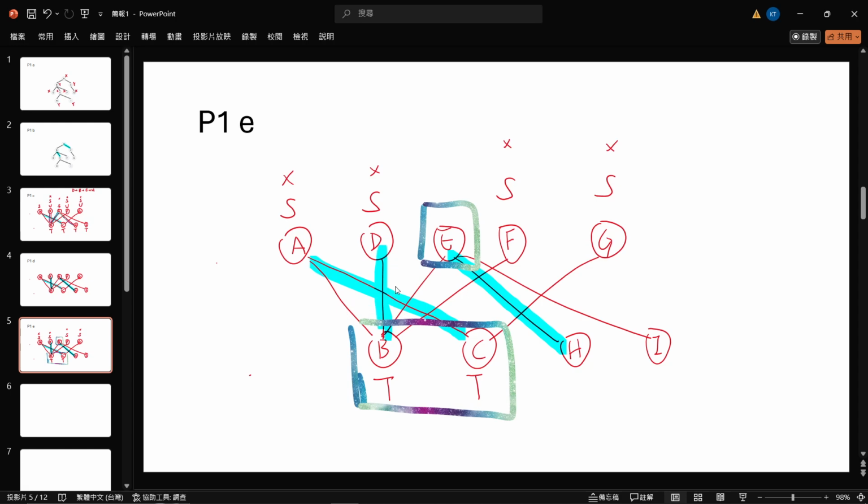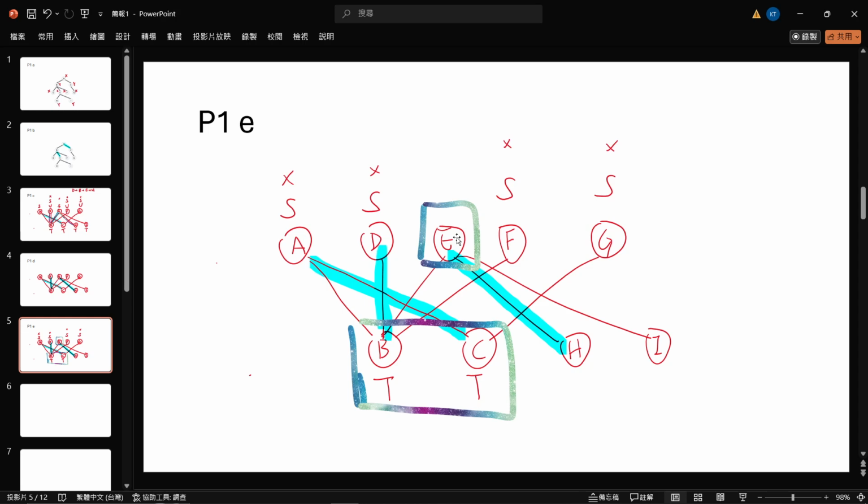Basically all the edges incident to B and C are covered. The remaining edges, the edges that cannot be covered by T, are these two: the edge between E and H and the edge between E and I.